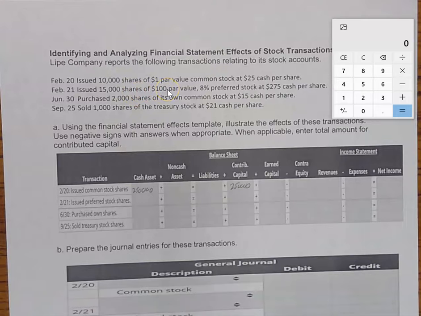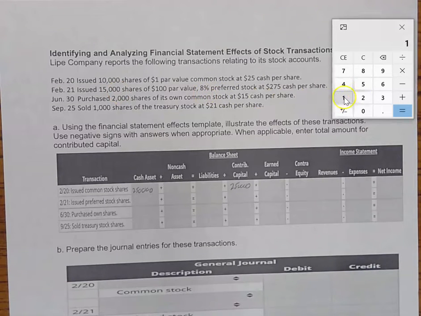We have $100 par value. This 8% here, we don't really have to do anything with that right now. That's just the percent dividend that is paid, well, supposedly going to be paid on the preferred stock that is issued. So we don't have to worry with that right now.